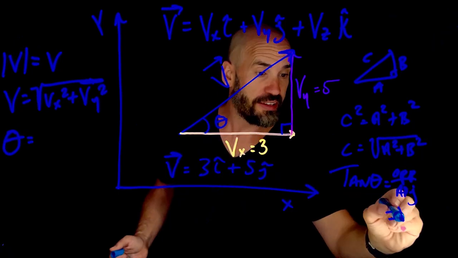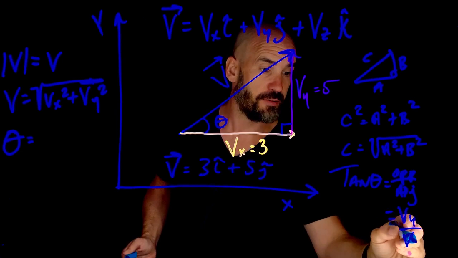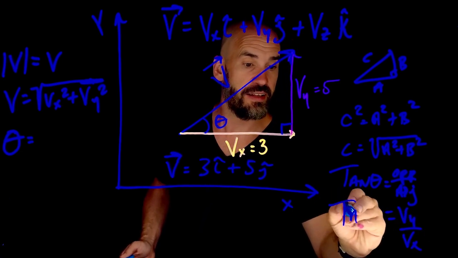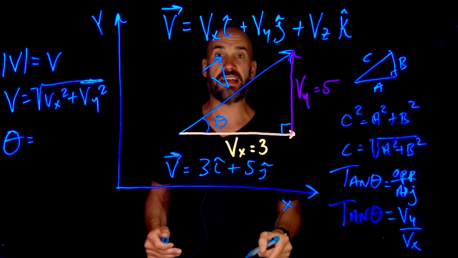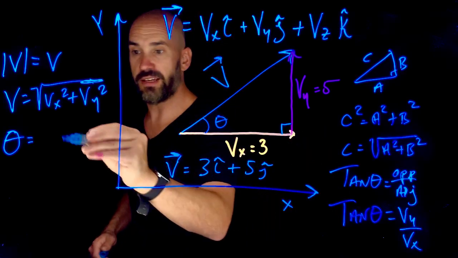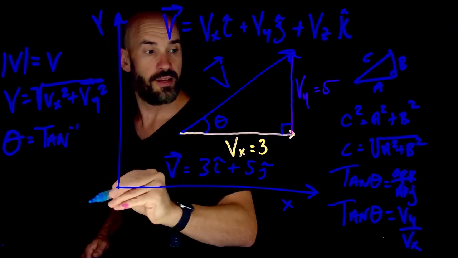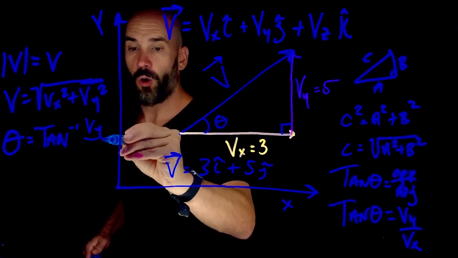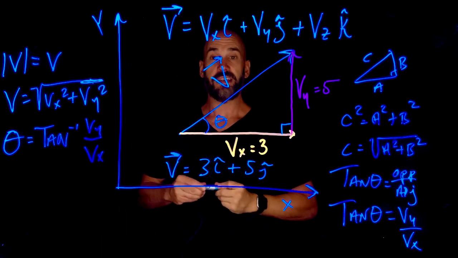So that's really vy over adjacent, which is vx. So tan theta is vy over vx. We take the inverse tan to solve for the theta angle, and we see that the angle is always going to be inverse tan of vy over vx. Okay? Piece of cake.